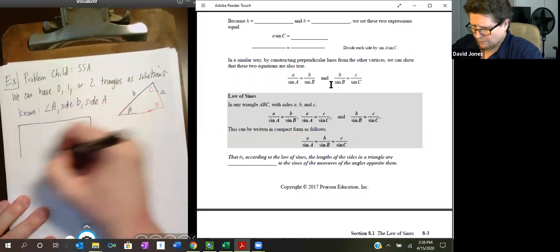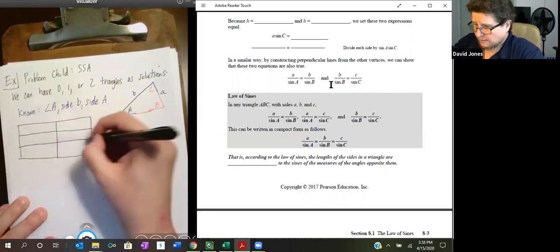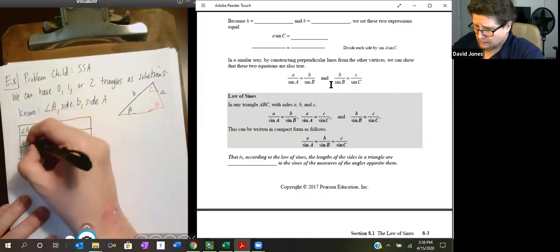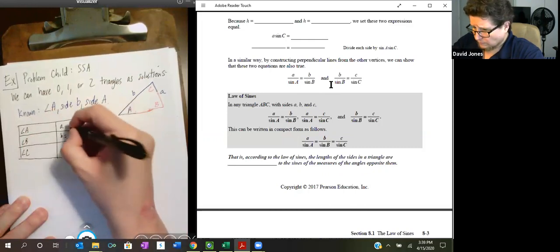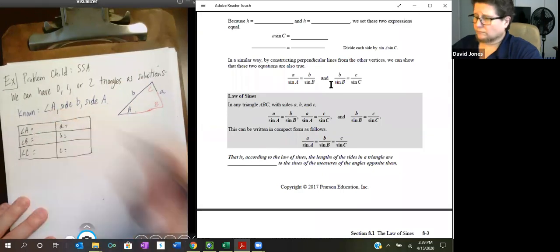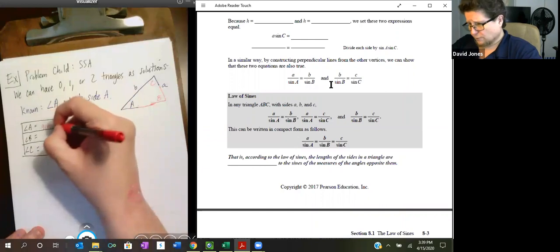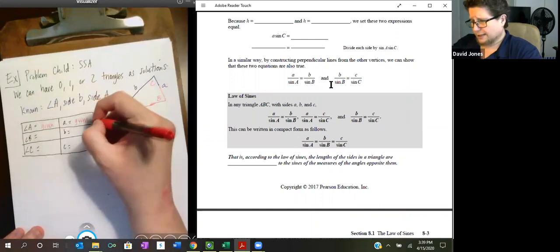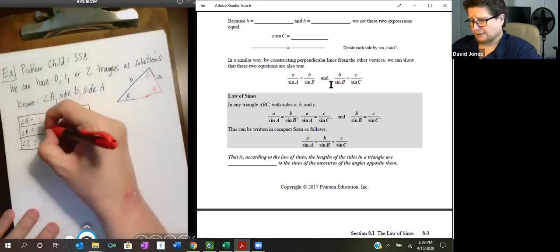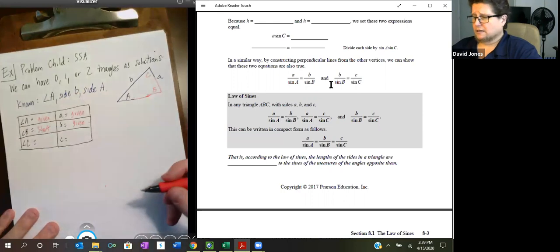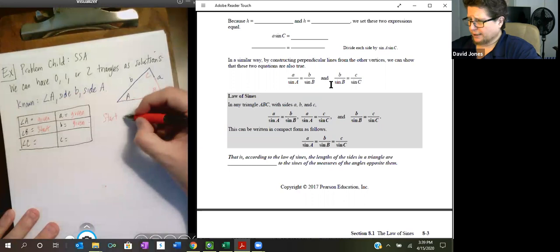That helps narrow down what we need. So we're given angle A, and we're given side A and side B. It looks like we have to start here. Start with law of sines to find angle B.